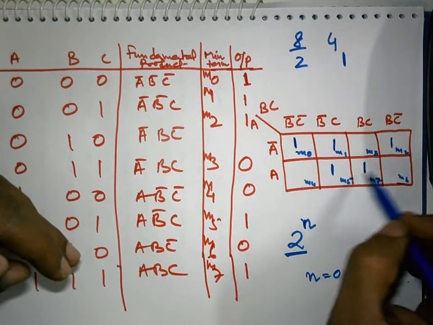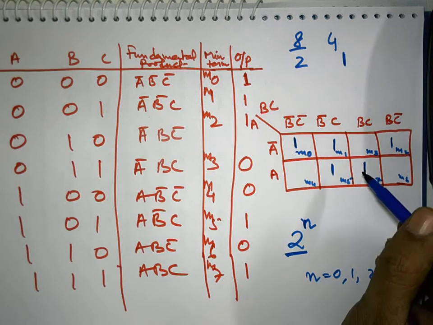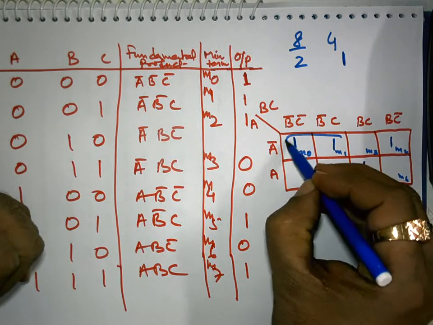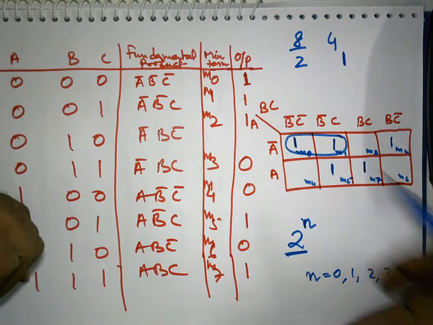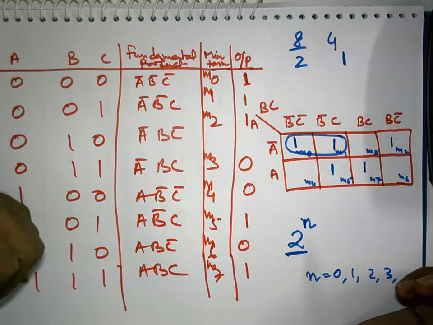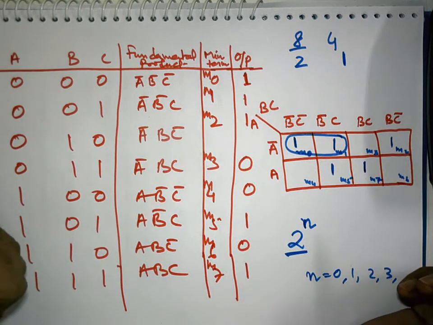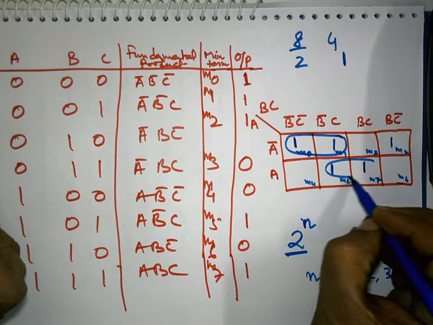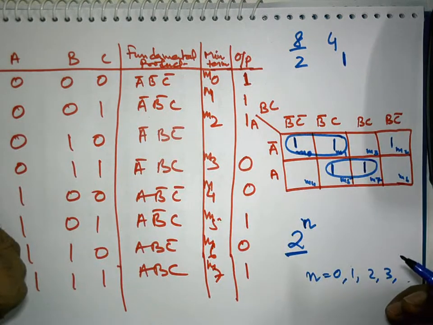So this way, if we observe this K map, the number of ones that can occur together to form a group is this.